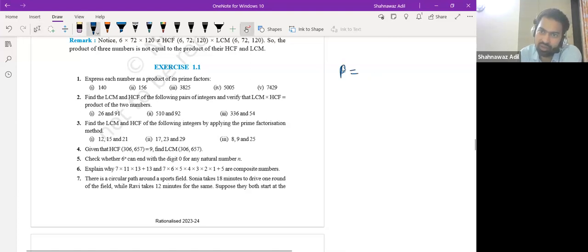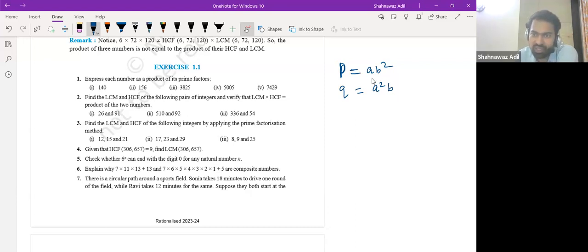What is the LCM of P and Q? So P can be represented as AB square and Q as A square B, right? So this question we discussed, but we have to find the LCM of these two numbers.